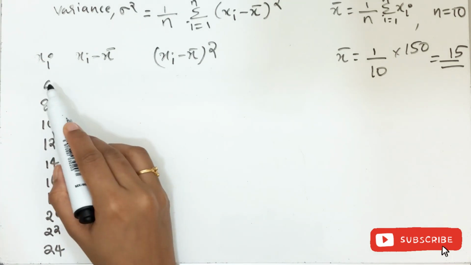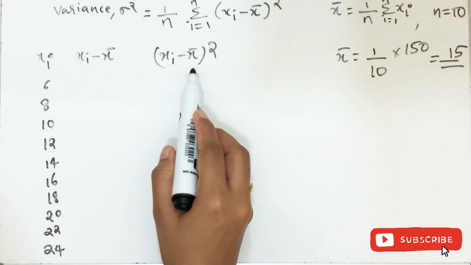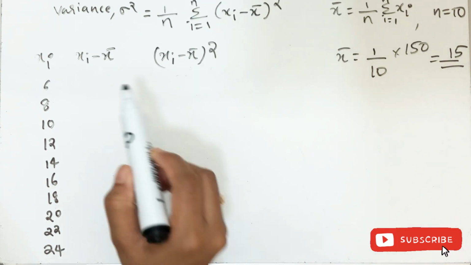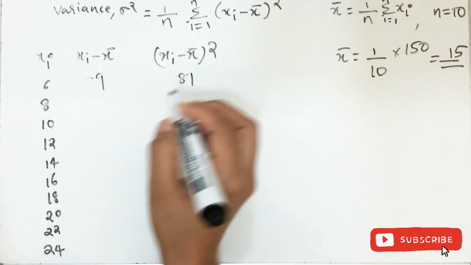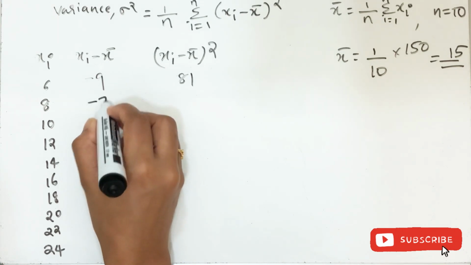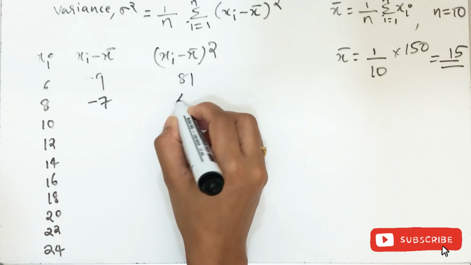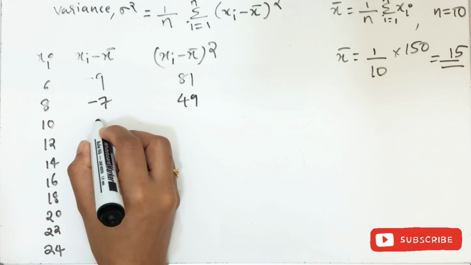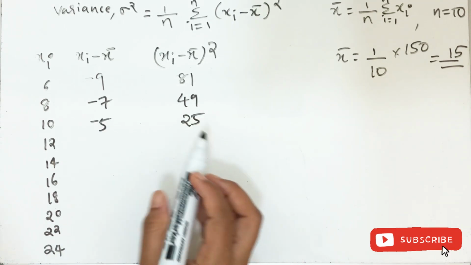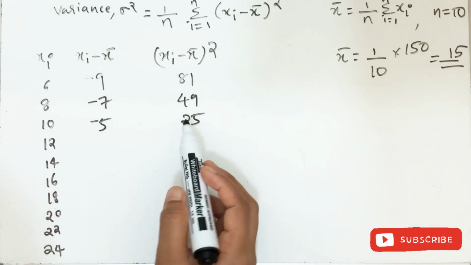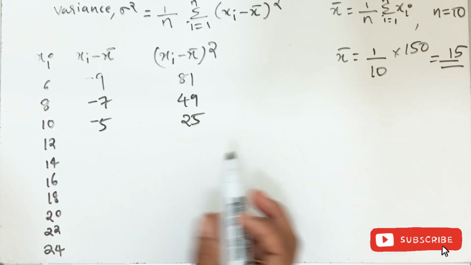Next we find xi minus x bar and its square. Here 6 minus 15 is equal to minus 9, its square is 81. 8 minus 15 is minus 7, square 49. 10 minus 15, that is minus 5, square 25. Like that, write all the values. No need of this table, you can just write the formula and substitute.